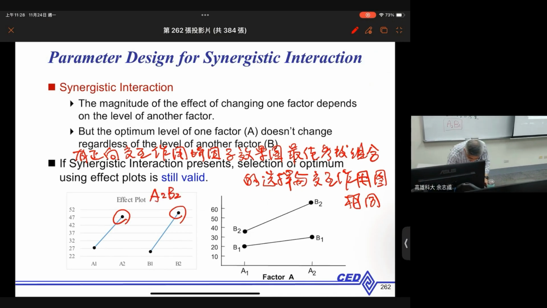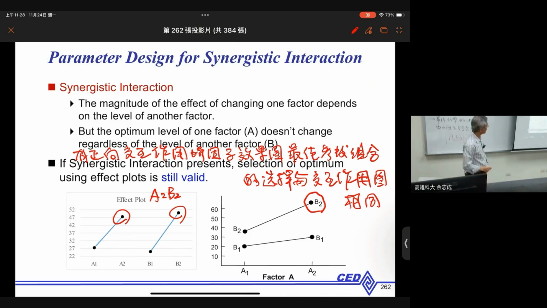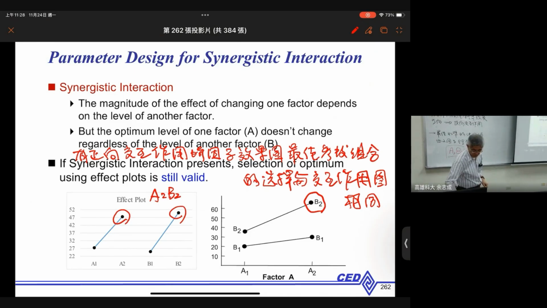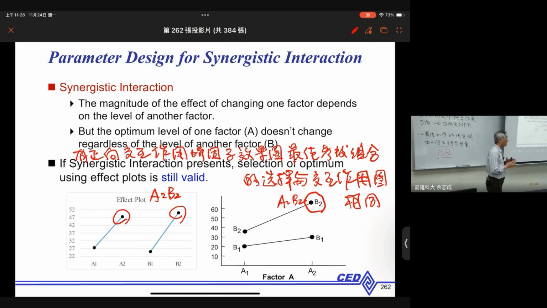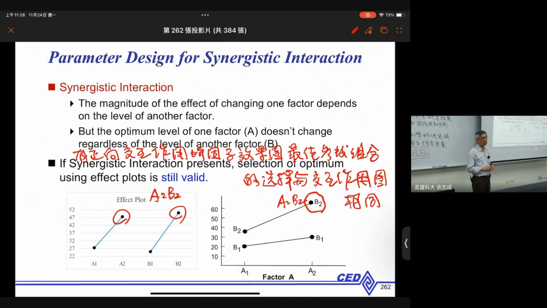And here, in the interaction plot, this combination gives us the largest output, and this combination is A2, B2, the same. They are the same. So if they are synergistic interactions, they are okay. You can still get the best combination in your optimum design.